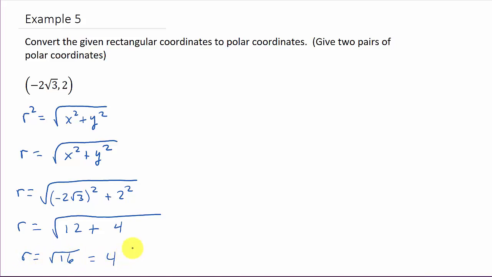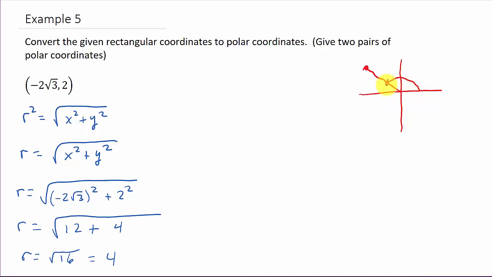So there's r. Now we need to find theta. Well, let's go ahead and sketch this. So if we plot the point, we go negative 2 square root of 3, so that means we go to the left, and then y is positive 2, so we go up, and so our point is in the second quadrant. And I don't really care exactly where the point needs to go, all I care about is what quadrant it is in.